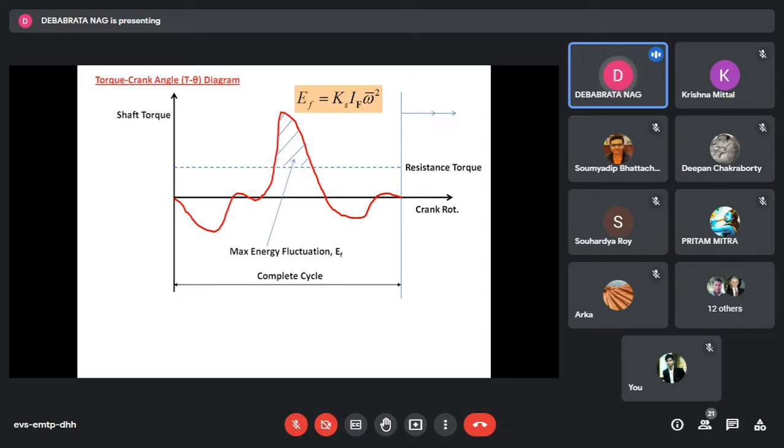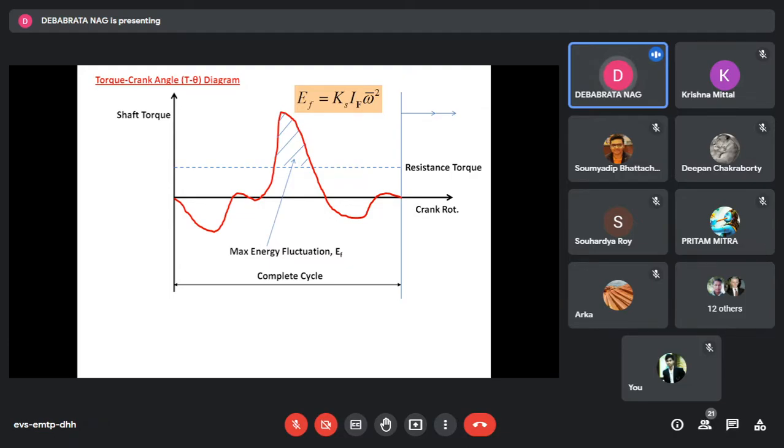So these are the 4 thermodynamic processes that take place within the cylinder. During these, a complete cycle is a package of these 4 individual processes. I should not say cycle, it is called process.